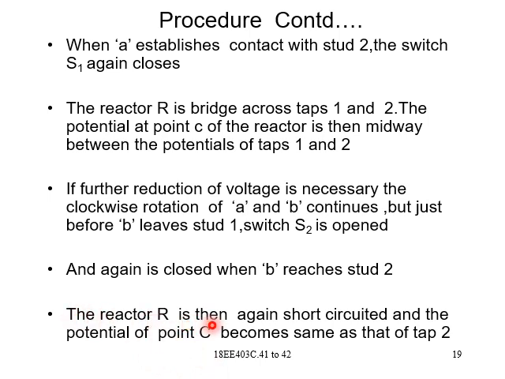And the reactor R is then again short circuited, and the potential of point C becomes the same as that of tap 2. So these are some procedure points involved in on-load tap changing.